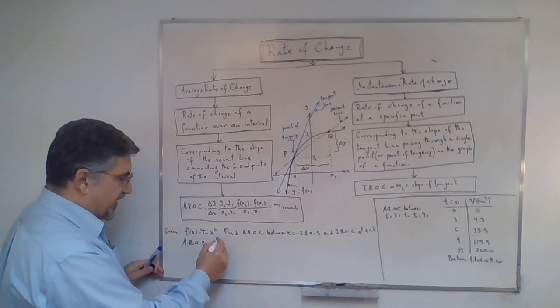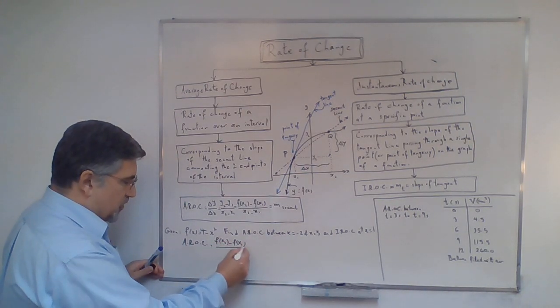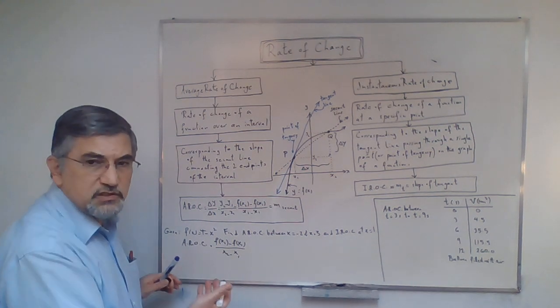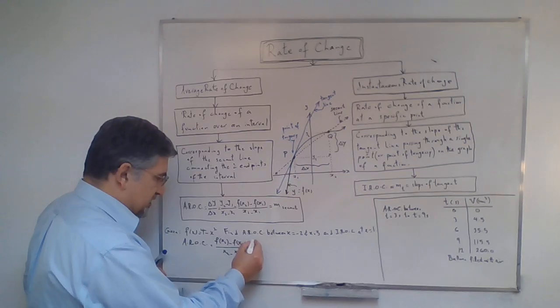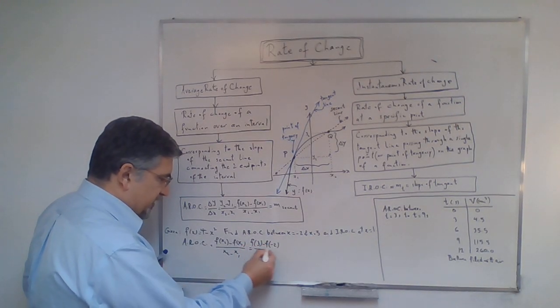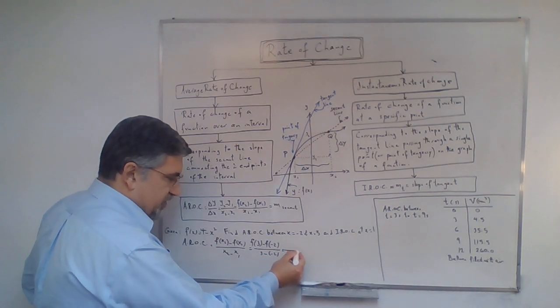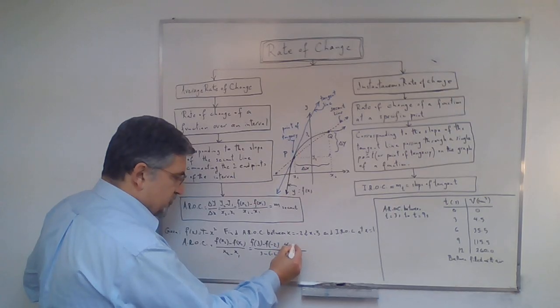It's going to be f at x2 minus f at x1 over x2 minus x1, which is actually the same rise over run. So here, numerically, it's f at 3 minus f at -2 divided by 3 minus -2. The denominator is 5, obviously. The numerator is going to be 4 minus 3 squared.